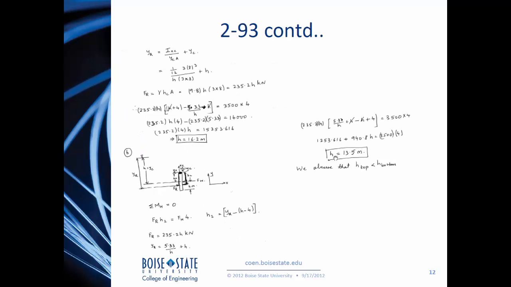You can see here the height is 13.5 meters when the hinge is at the top, and it is more when it is hinged at the bottom. So more water can be held when the gate is hinged at the bottom.